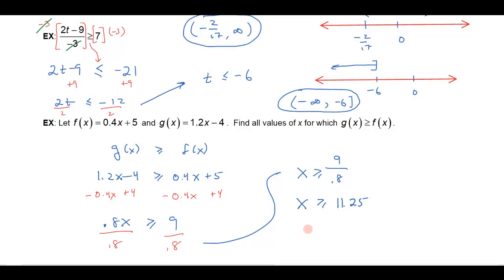Okay, so again, in interval notation, if you can visualize what we did up here, I'm going to have all my x's that start at 11.25, and they're going to go to infinity, and I want to include 11.25, but I only put a parenthesis around the infinity. Okay.